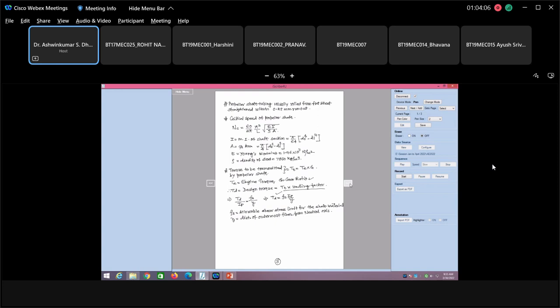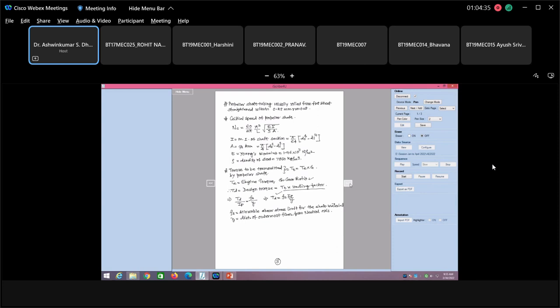If you want to get the cross section of this particular shaft, then you need to put the value of design torque, that is how much torque you want to transfer, and the allowable material stress. Then from here you can get IP by Y. From there you can get the design. That is the first thing. If you are doing it the other way around, that means if TD is given, IP is known, Y is known, then you can find out Fs.